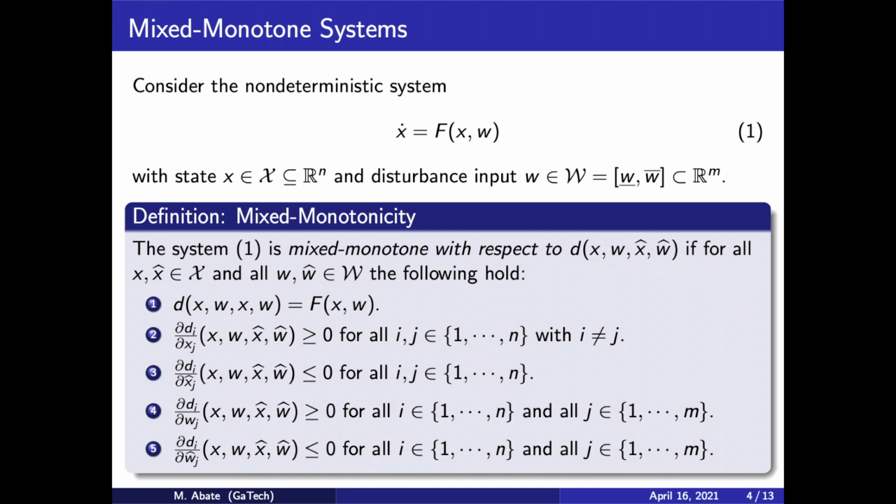I won't get too deep into the specifics of what these conditions mean, but just for reference, the first condition ties your decomposition function to your initial dynamics, and conditions 2 through 5, these are derivative conditions on d, and they're going to ensure a monotonicity property is satisfied by a related embedding system constructed from your decomposition function.